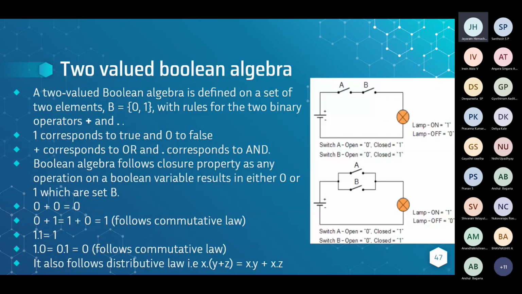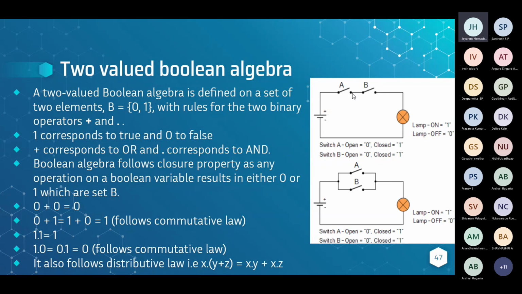So, to validate Boolean algebra: two operands with an operator in between. As in the image, the AND operator can be represented as switches in series.